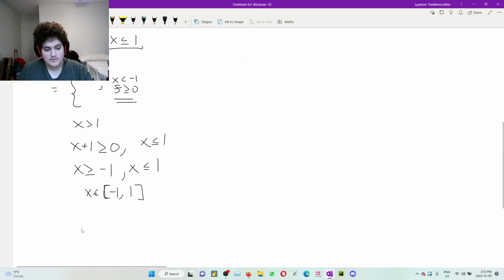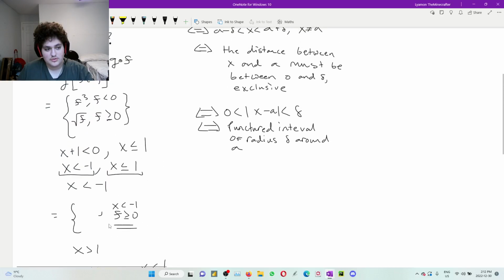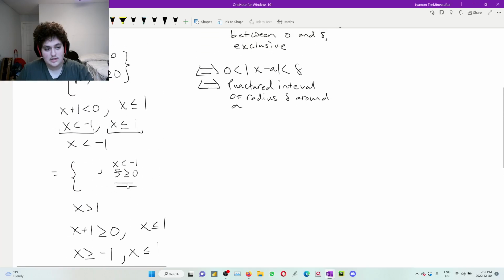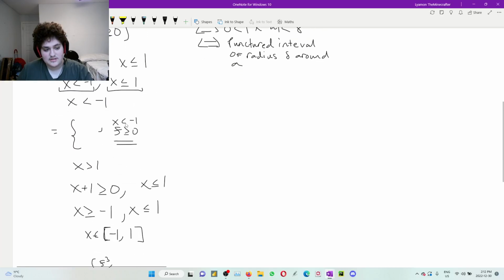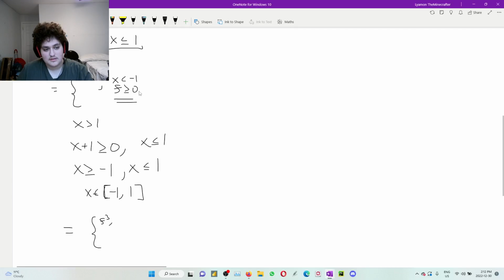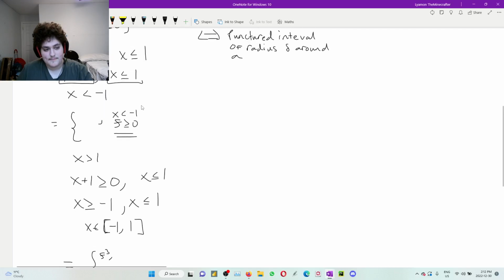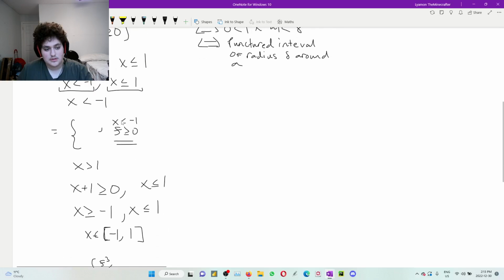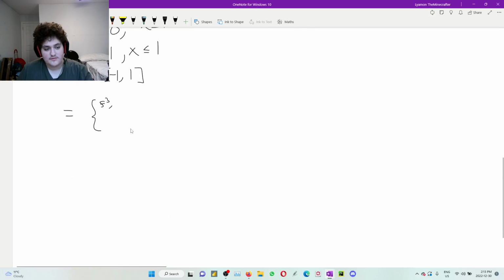So then we have this where it's equal to f cubed when f is less than 0, we said is the same thing as x less than negative 1.